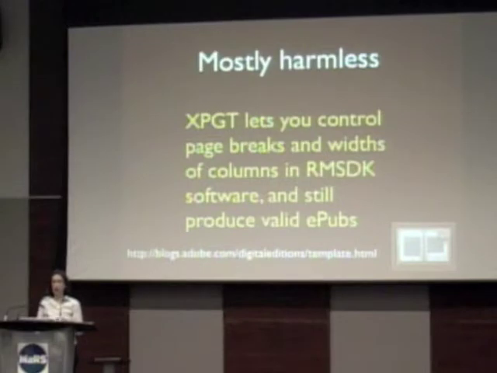And the nice thing about page templates, it's a difficult thing to learn to do by hand, and there's not great documentation other than this one blog post that Adobe has put up. But you can do some pretty advanced things, and it's this little sandbox you can play in that has no effect on the rest of the ePub world.